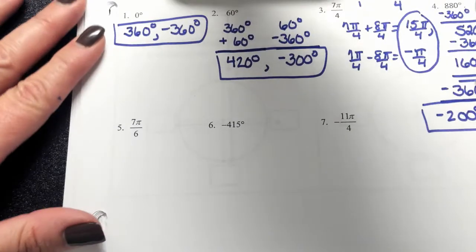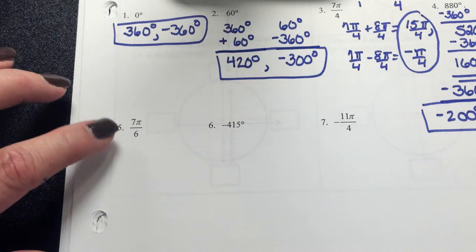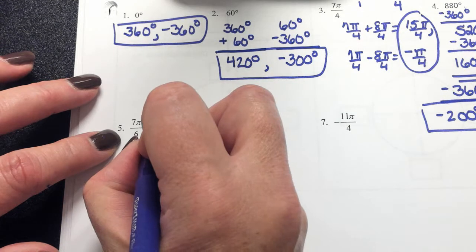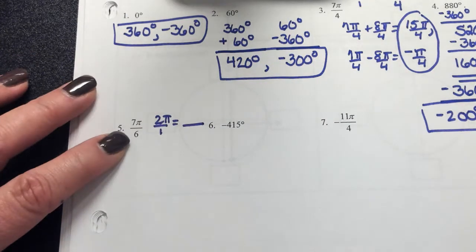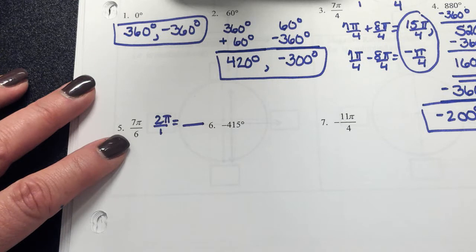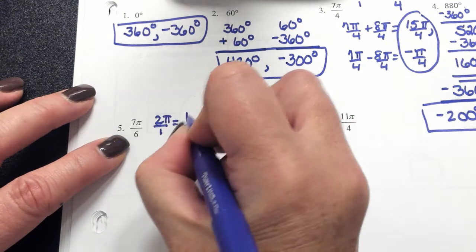Let's take a look at 7 pi over 6. So it's in radians, so what are we going to add and subtract to this? We're going to add and subtract what? 2 pi. Now, and again, change this denominator. I know I'm going to be adding and subtracting to 7 pi over 6, so let me change 2 pi into a denominator of 6. It's going to be 12 pi over 6.